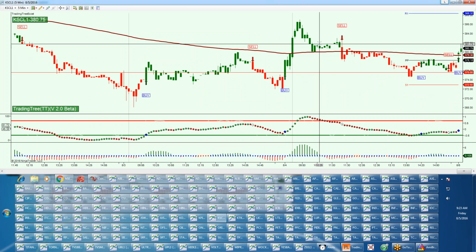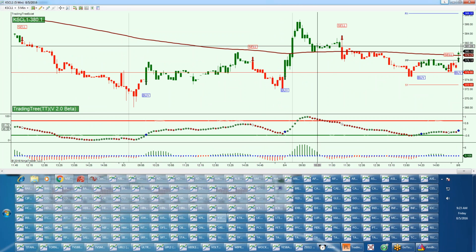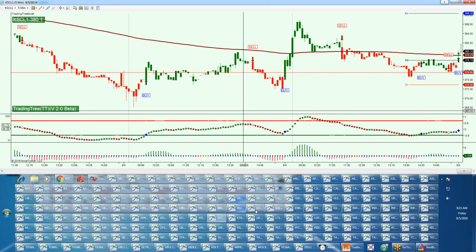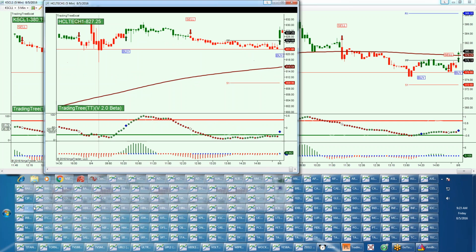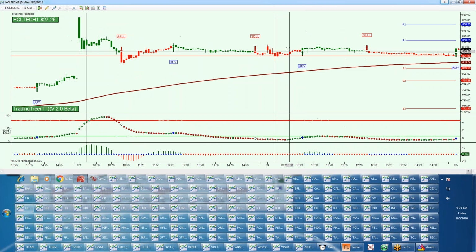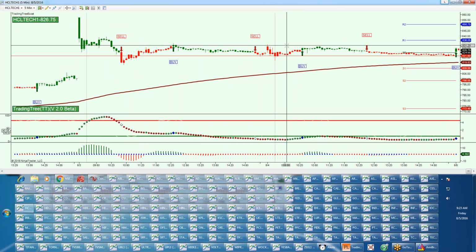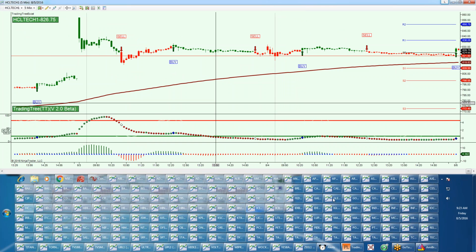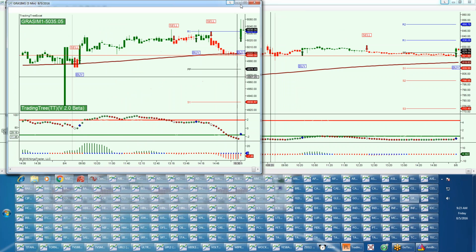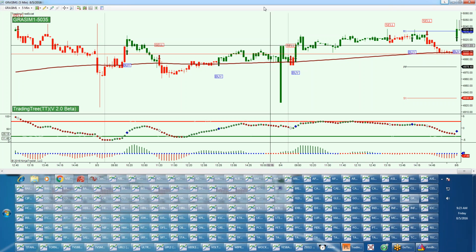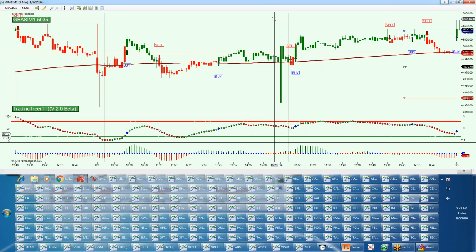So Kaveri Seeds you can buy at this level, 382. So HCL Tech 831.30, a buy call. Grasim 5050.